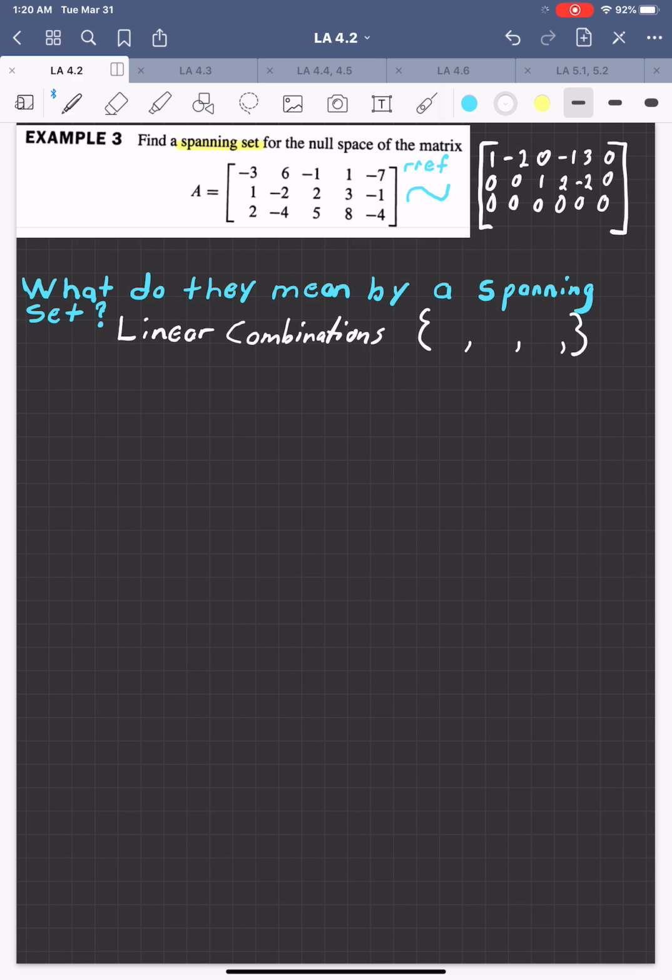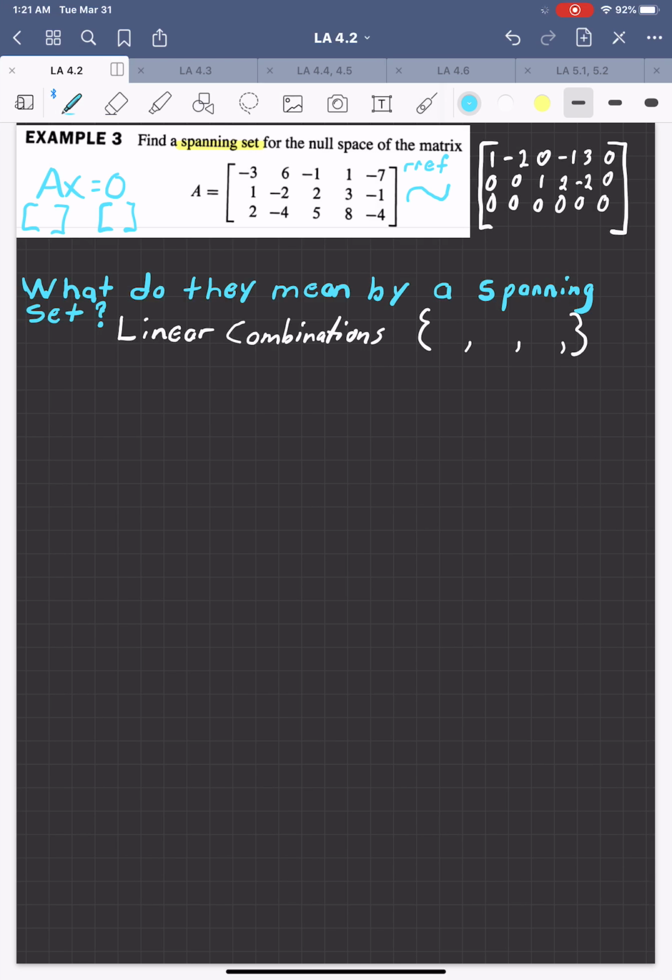Well, since we're dealing with Ax equal to 0, in this case we have A and we have 0. So you would be taking your coefficient matrix. In other words, listen to me.